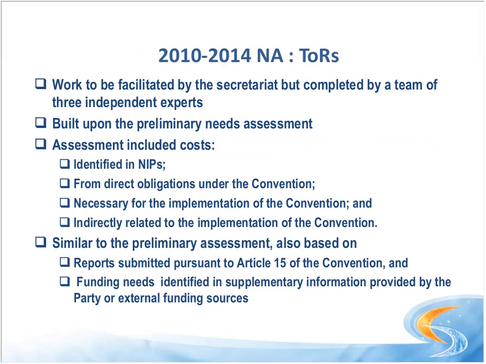This assessment was for the period 2010 to 2014, and the methodology to be used was again to build upon the previous needs assessment, so to look at information in NIPs, the costs related to these three categories we've mentioned previously: direct obligations under the convention, activities that were necessary, and indirectly necessary activities for the implementation of the convention. Additional information used was also Article 15 reporting by countries and supplementary information provided by parties or other sources on availability of finances.